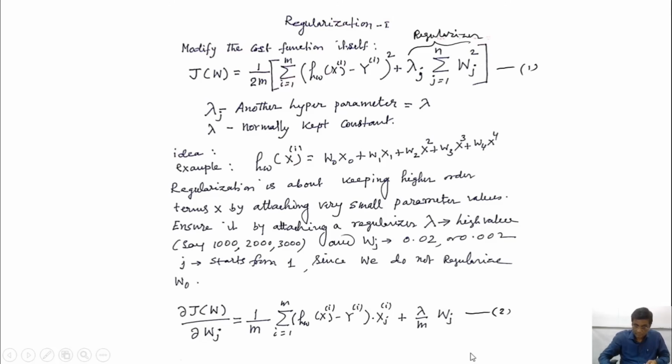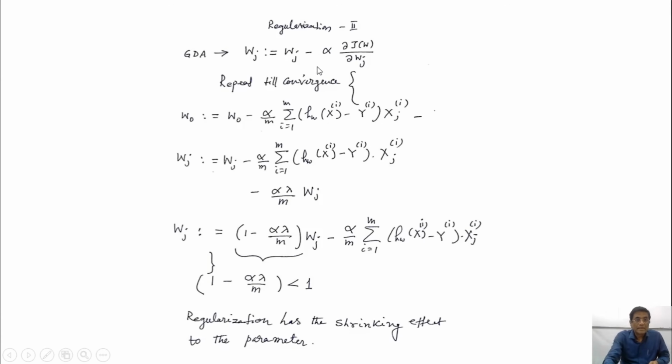Now let us run GDA, and that will take care of the control of the parameter. See how. First of all, this is the first parameter W0, which is always attached to a fictitious feature X0, which is always made 1.